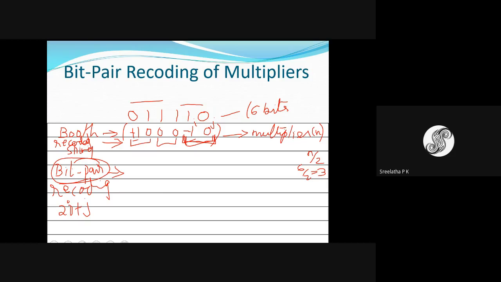In the first pair, 2i plus j is 2 times minus 1, plus 0, which gives minus 2. So instead of minus 1 and 0, the value is minus 2. Coming to the next pair, this bit is i and the next bit is j. Again 2i plus j: 2i is 0 and j is also 0, so the value is 0.